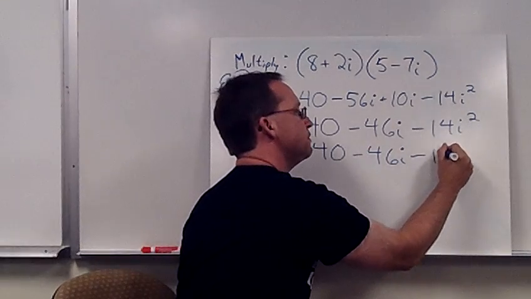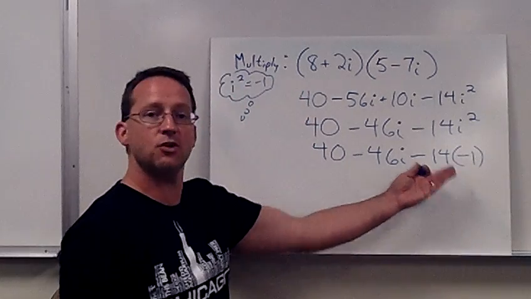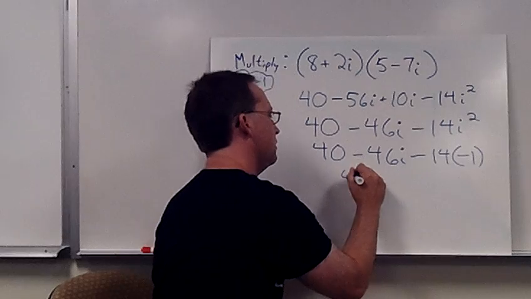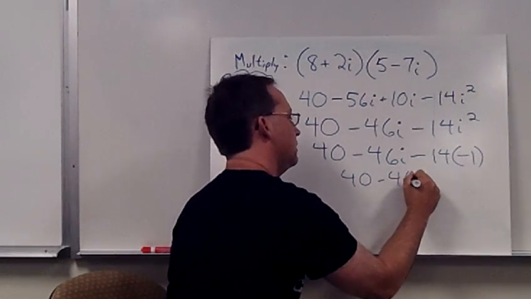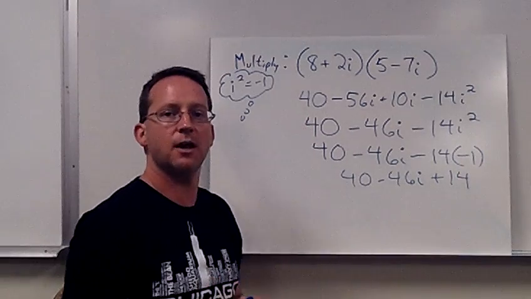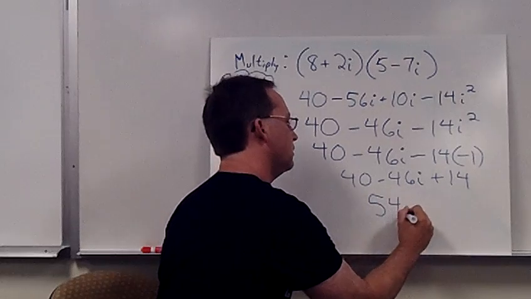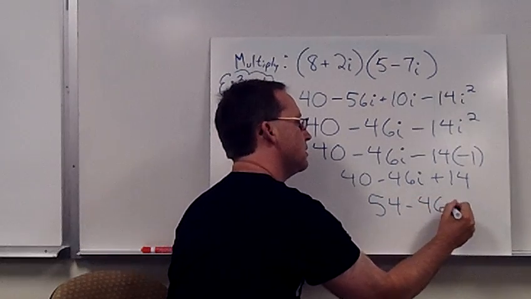Now I've got minus 14 times a -1. So that last term becomes a real term, becomes plus 14. So I can combine my like terms at the end and get 54 minus 46i.